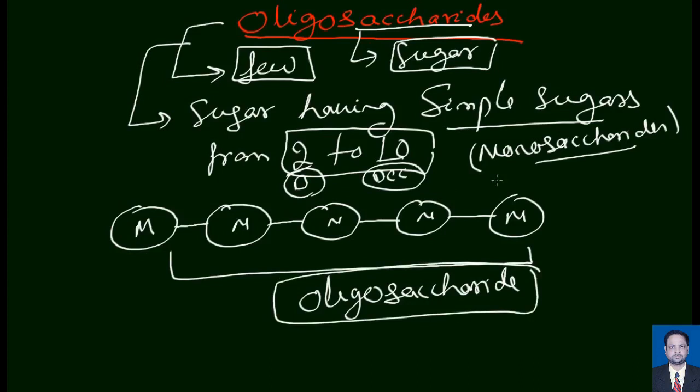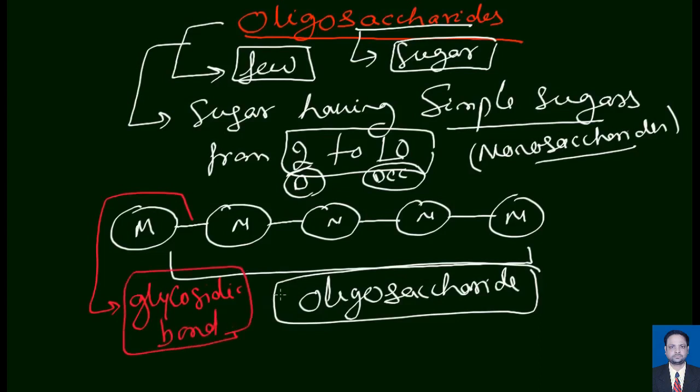So we call them oligosaccharides, meaning few sugars, few sugars of monosaccharides. These monosaccharides are joined by special bonds present between them, and these bonds are called glycosidic bonds.